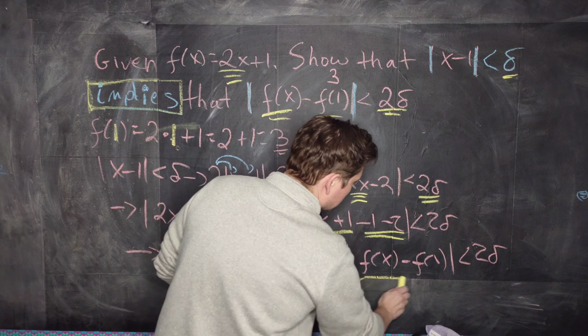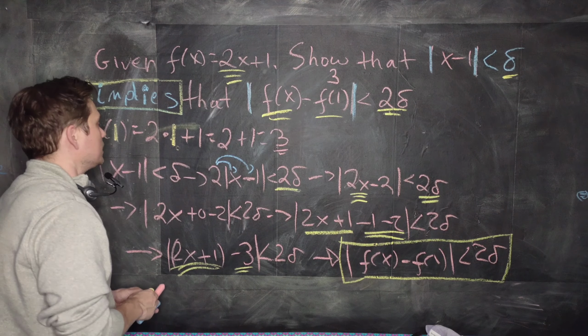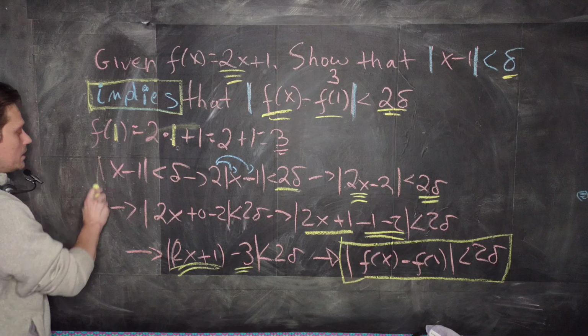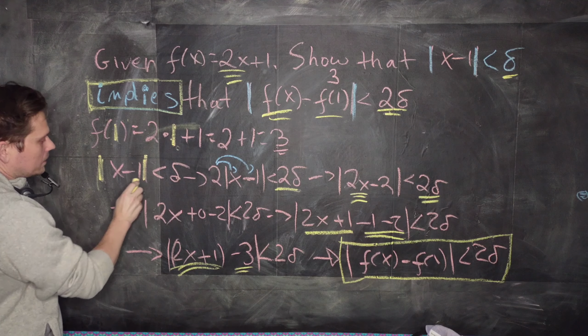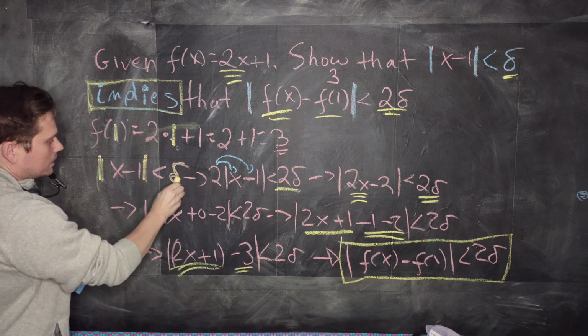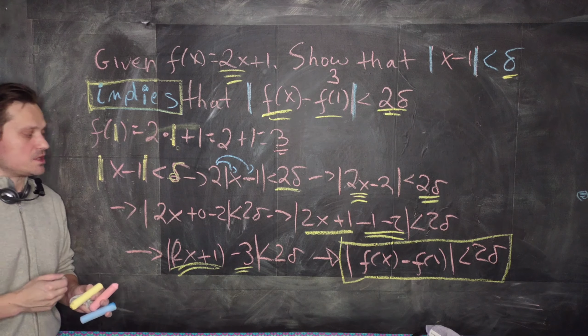This is what we wanted to show, beginning from the fact that right here, this part, x minus 1 in absolute value, was less than this delta right here. That allowed us to conclude that through the sequence of steps.